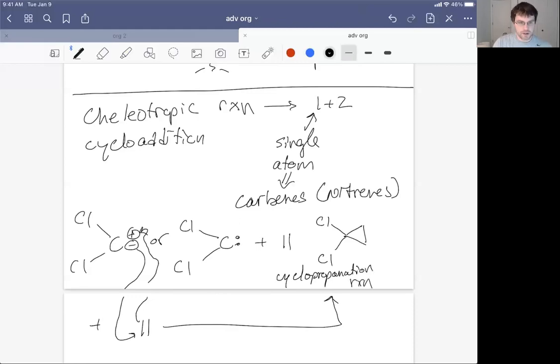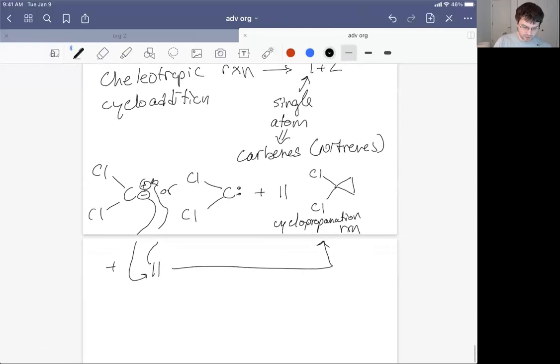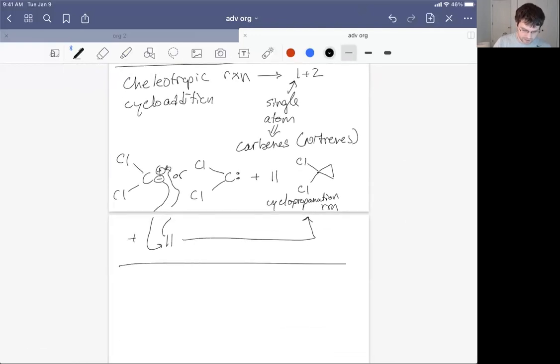Now, a discussion of cycloaddition reactions would not be complete if I forgot to include retrocycloaddition reactions. So retrocycloaddition reactions are where you just go backwards. So we've looked at this before.